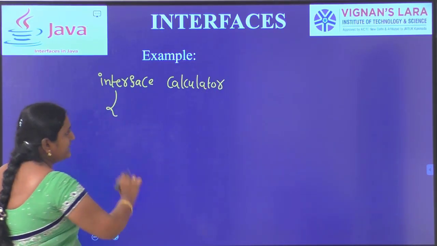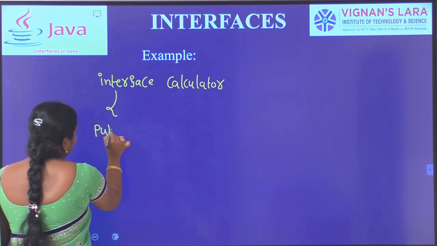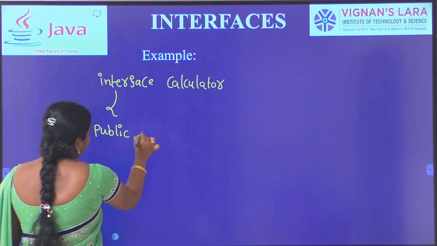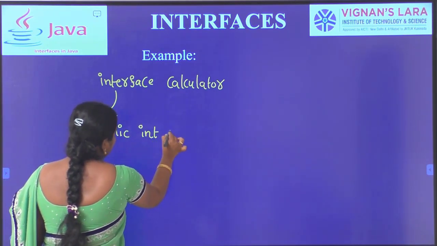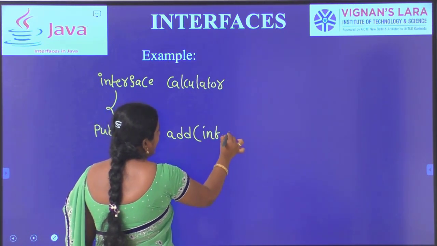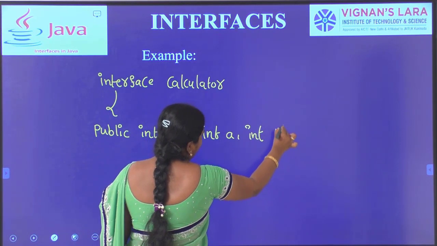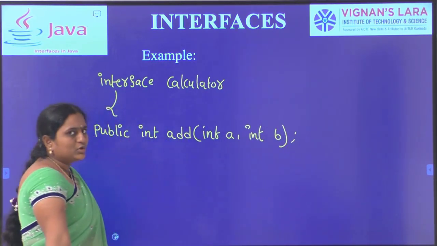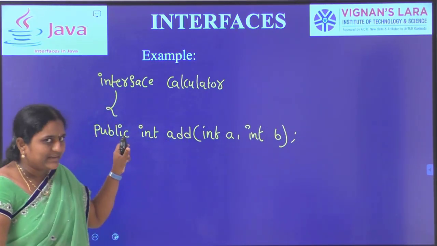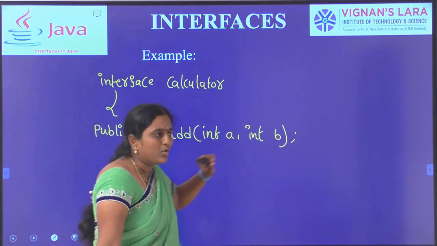Within the interface I am defining methods: public int add, int a comma int b. Already you know that an interface contains only method declarations without any body. A method declaration ends with a semicolon.